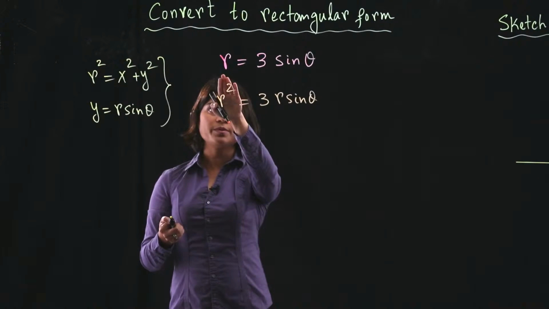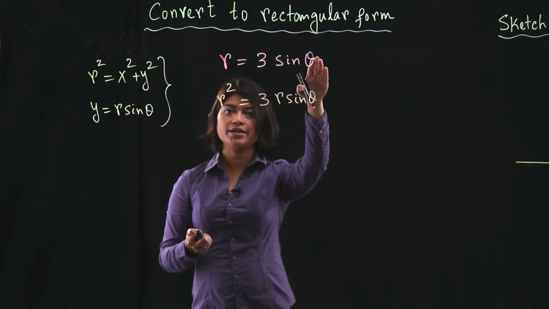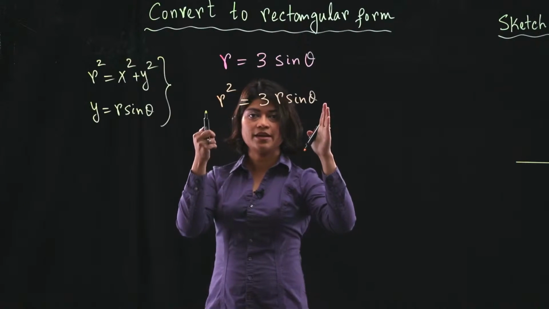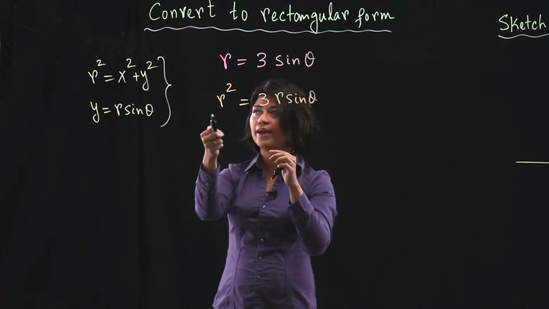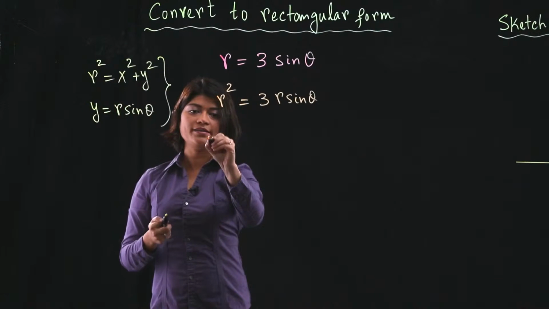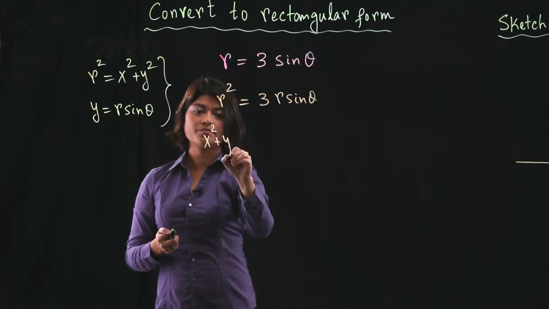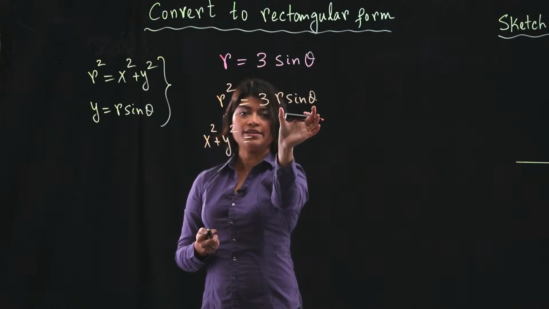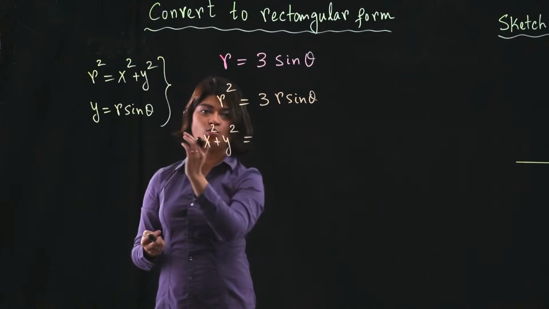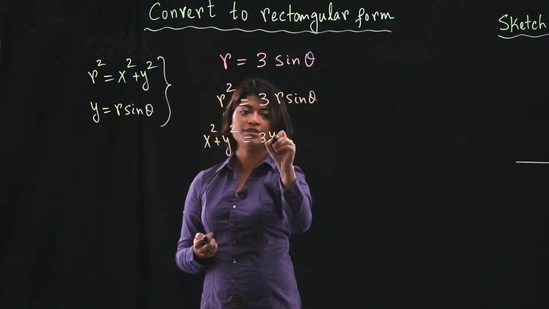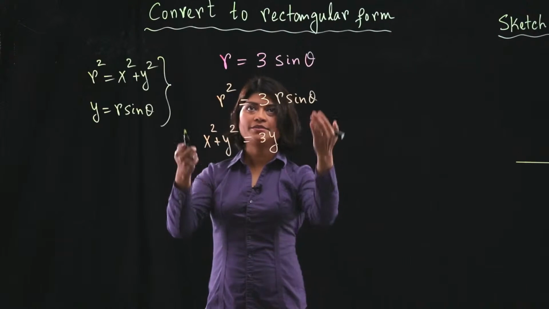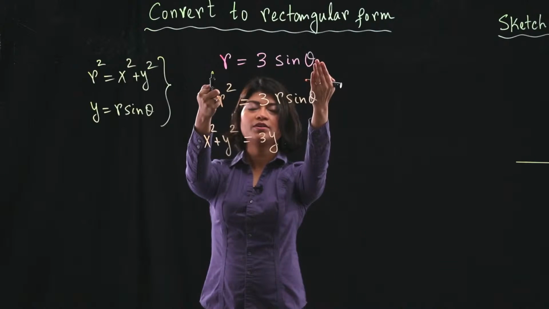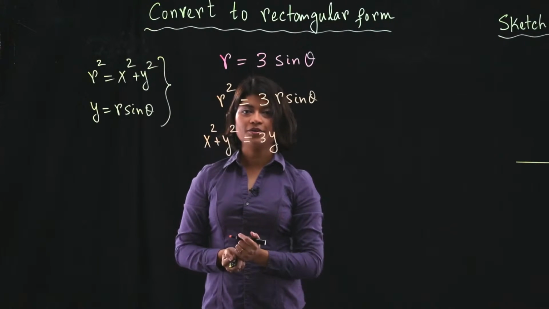So all I did was multiply by r, both left and right. And as soon as I do that, look, r squared can be replaced by x squared plus y squared. And r sine theta, this entire expression, is just y. So this becomes 3y. And we have converted from polar to rectangular.